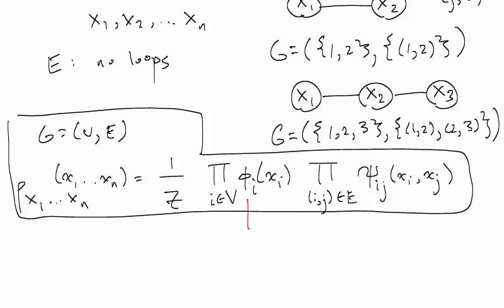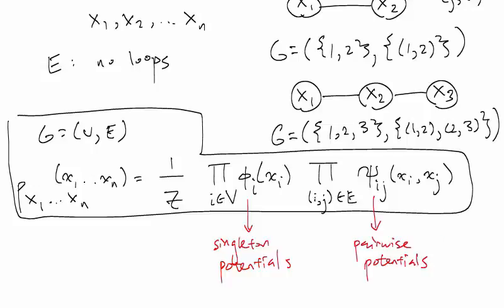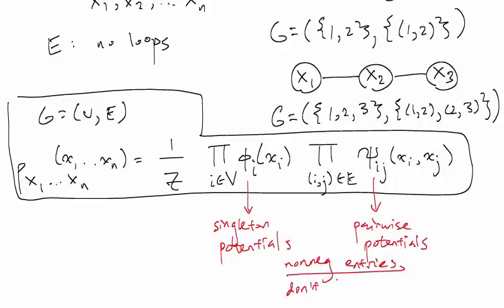And so the phi's are called singleton potential functions, which we'll also just call singleton potentials. And the psi ij's are what are called pairwise potential functions, or just pairwise potentials. Importantly, these potential tables have to have non-negative entries, but they don't have to sum to 1.